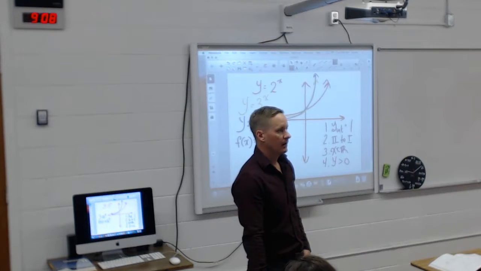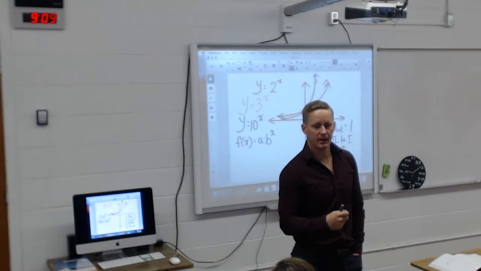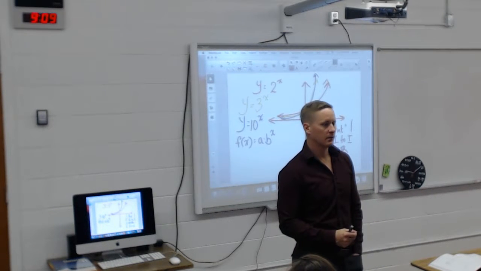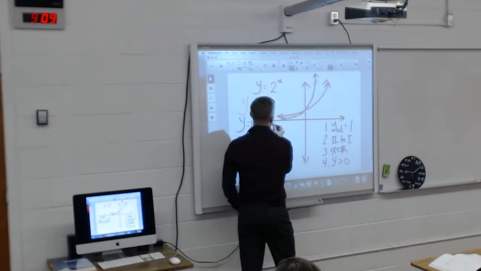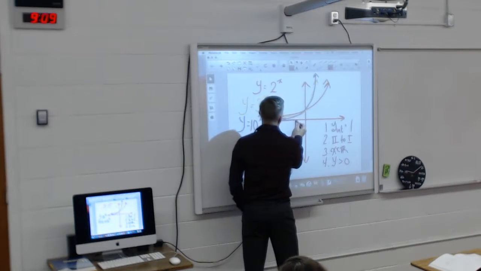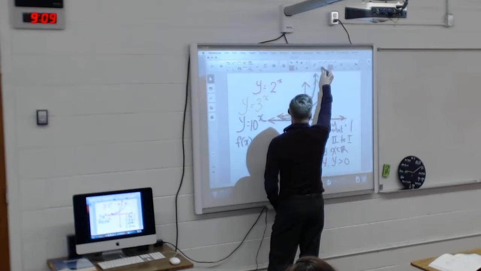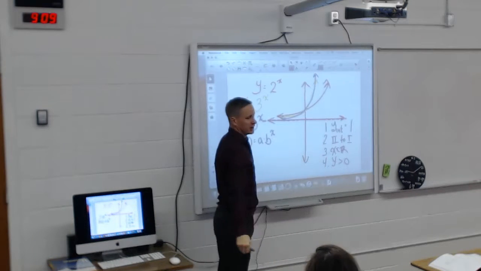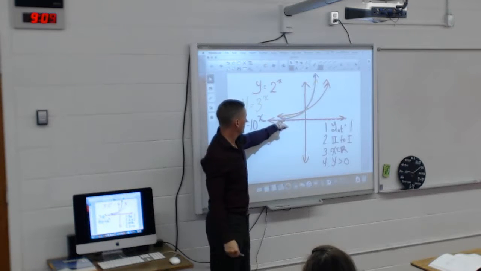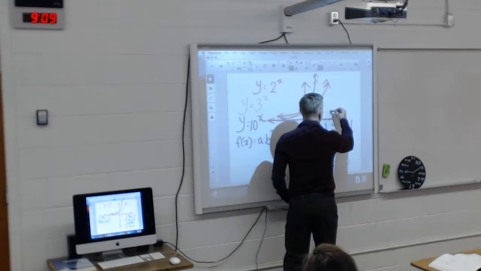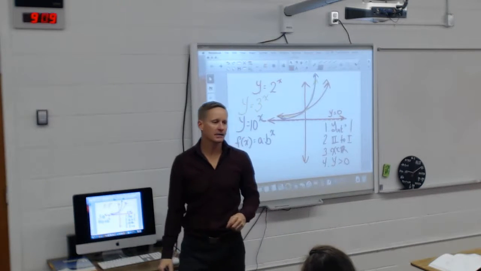Okay, good. An asymptote is a line which the graph approaches but never touches. So it's an imaginary line. In this case, this is it here. I'll explain this a little better in a second, but the equation of that line is y equals 0. That's the equation of your asymptote.